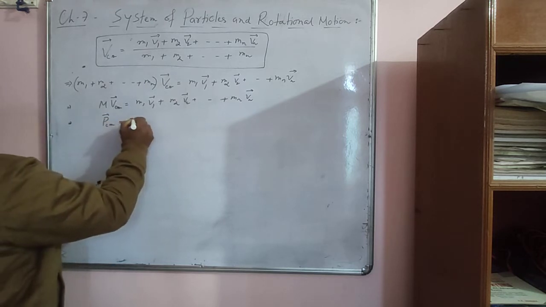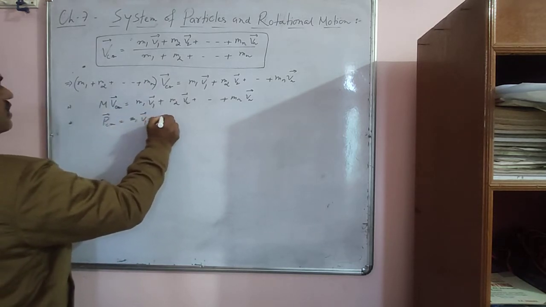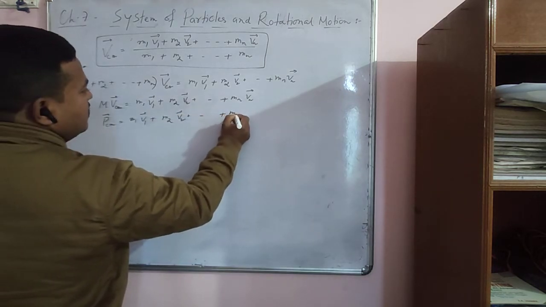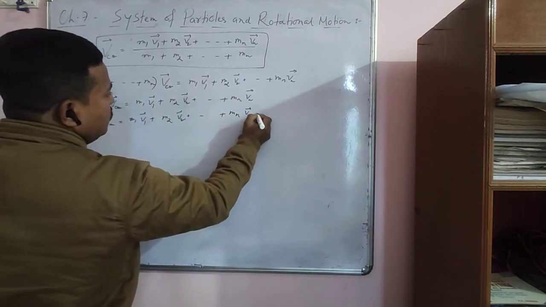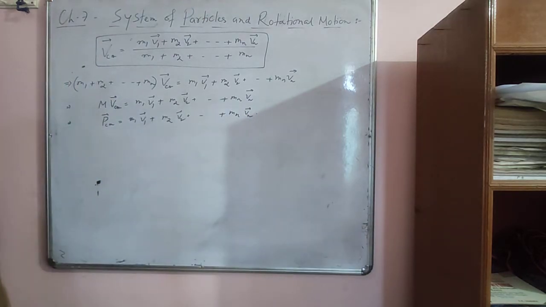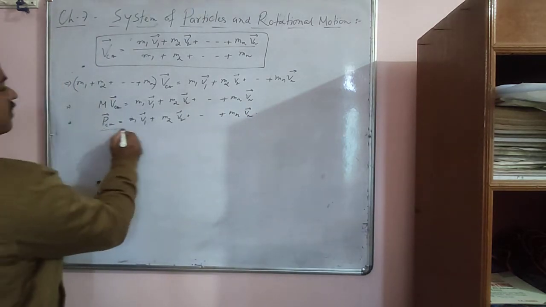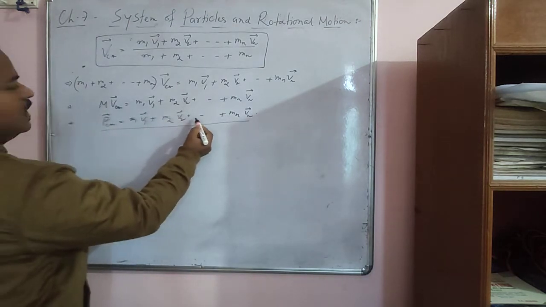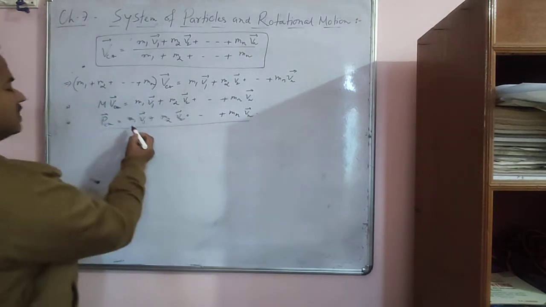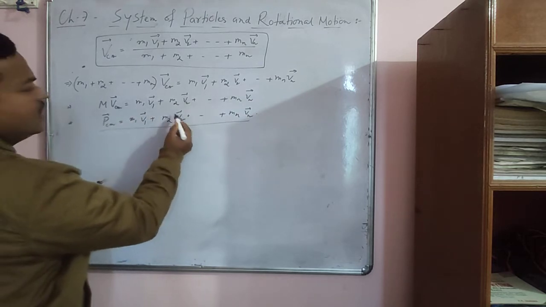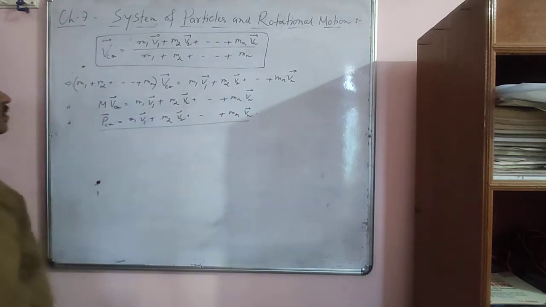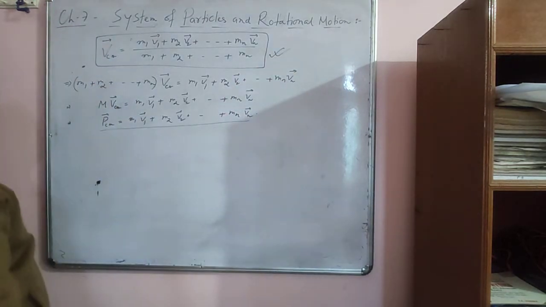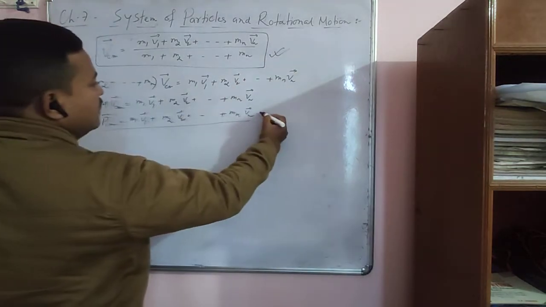This is very simple, you just have to follow the steps carefully. The total momentum is the sum of the individual momenta of the particles of the system. So this is the equation for velocity of center of mass for an n-particle system, and this is in terms of momentum.